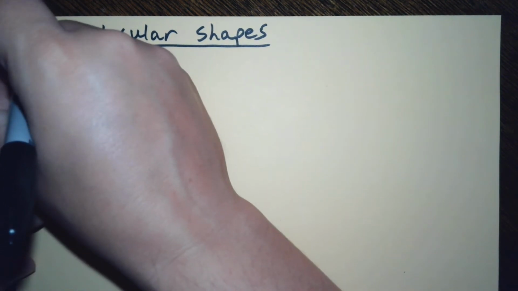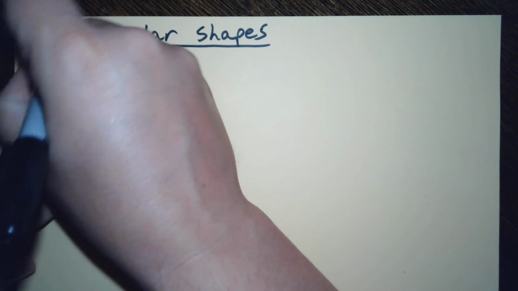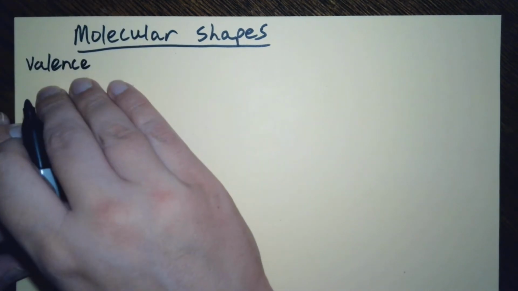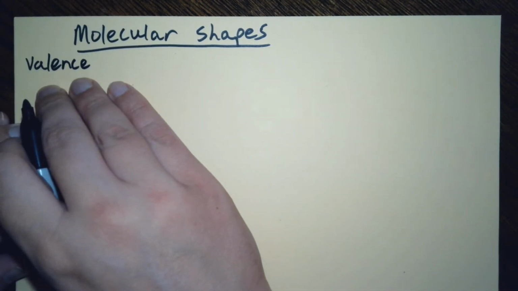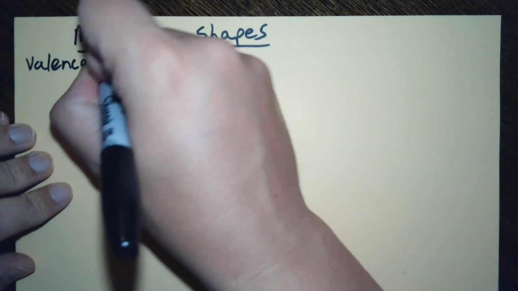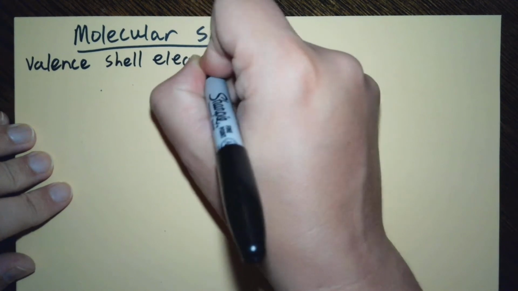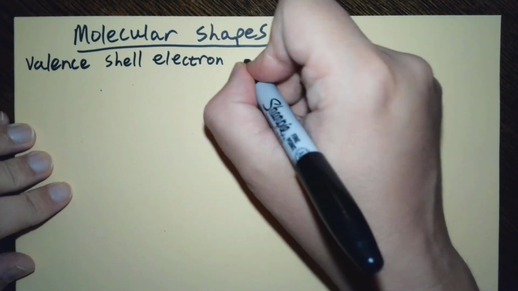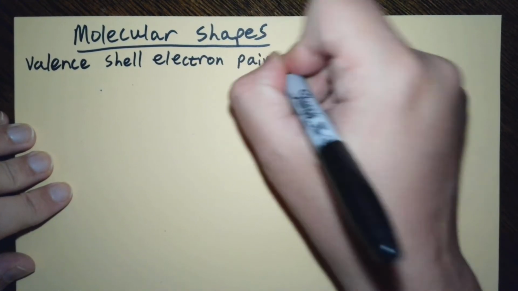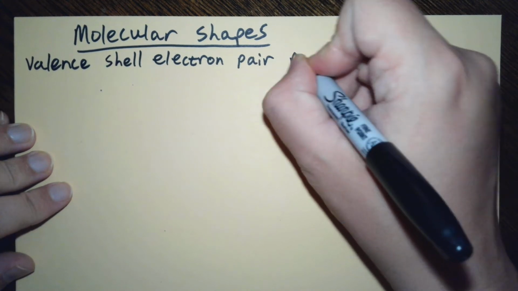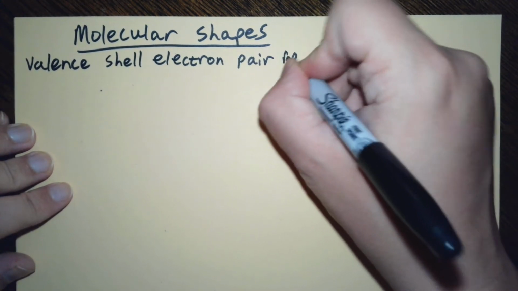So what this is built on is, again, the name is very descriptive and not at all creative, but this is valence shell electron pair repulsion theory.